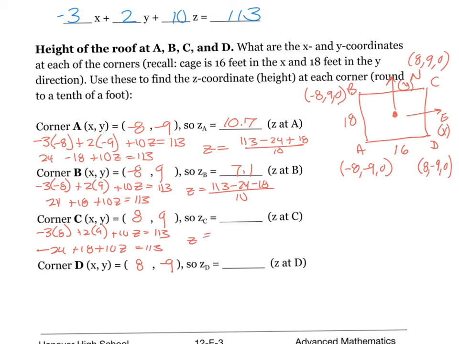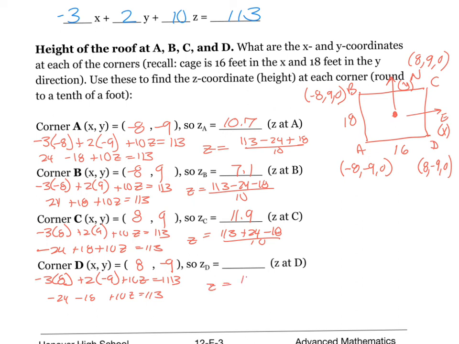Z equals (113 plus 24 minus 18) over 10, which is 11.9. And then finally for D, we have -3 times 8 plus 2 times -9 plus 10z is 113, which is -24 minus 18 plus 10z equals 113.